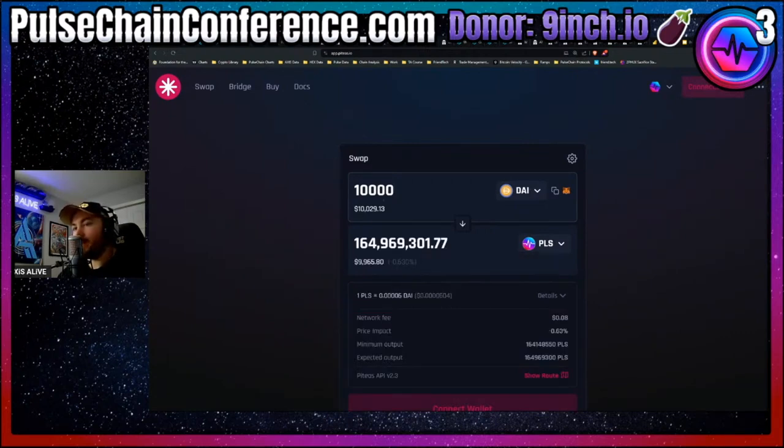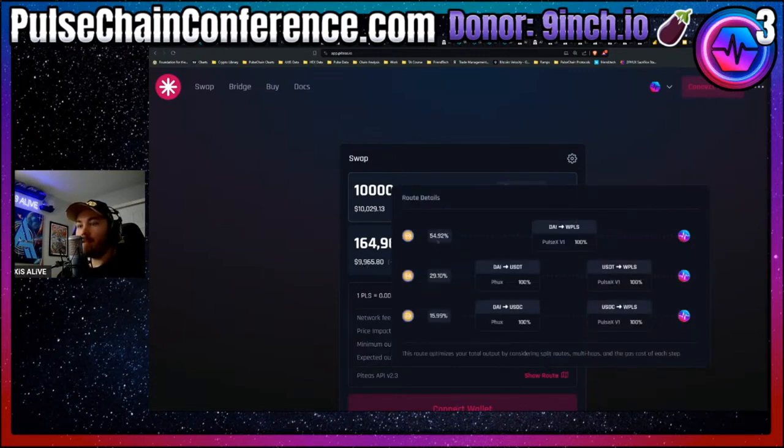That means if I put in $10,000 of value, I'm going to get $9,965 of value back in Pulse form. And the route that it's going to take is it's going to split my money up into 3 different chunks. 55% of that is going to go directly on that main pair, DAI to WPLS. But then 30% of that is going to go from DAI into USDT, and then from USDT into WPLS.